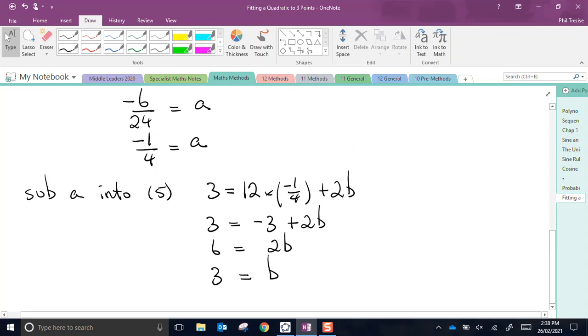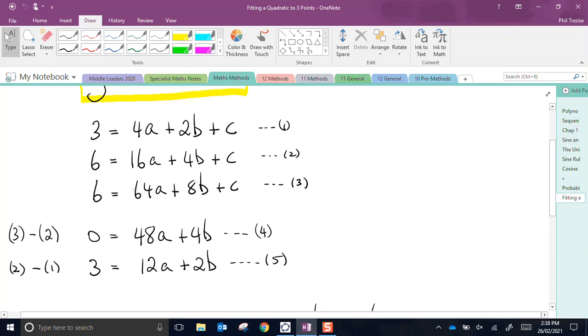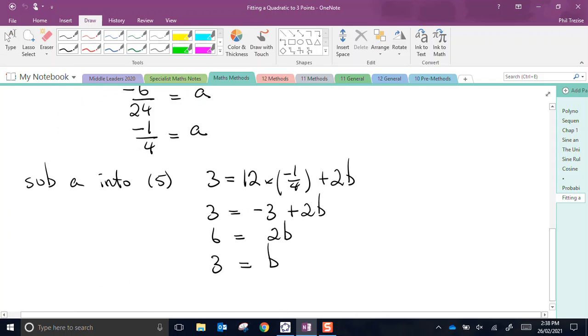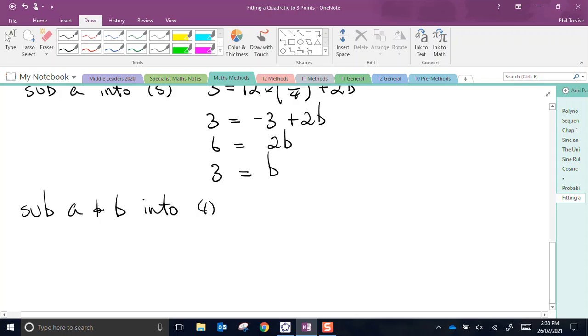So I now have a value for a and a value for b. If I was to go back to any of the original equations, and I might choose equation 1 because the coefficients are smallest, I will be able to calculate c. So I'll use equation 1. I will substitute a and b into equation number 1.